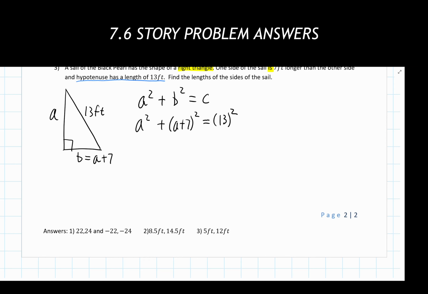Now if you're looking at the first one and wondering, how can we have 22, 24, and negative 22, negative 24? We were told to find 2 consecutive even numbers. When you went through and factored this, you may have gotten 1 positive and 1 negative answer. Well, if I got 22 as my positive, it means the next consecutive even would be a positive 24.